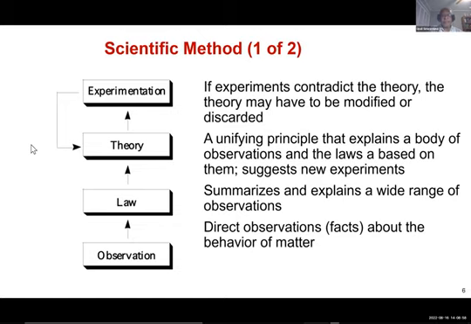Now, theories are tested through experiments and loop back to the theory again, which changes the theory. So the theory becomes a full-blown theory and very useful in our sciences.